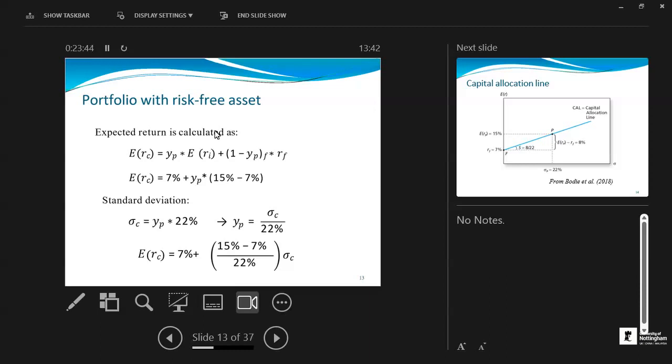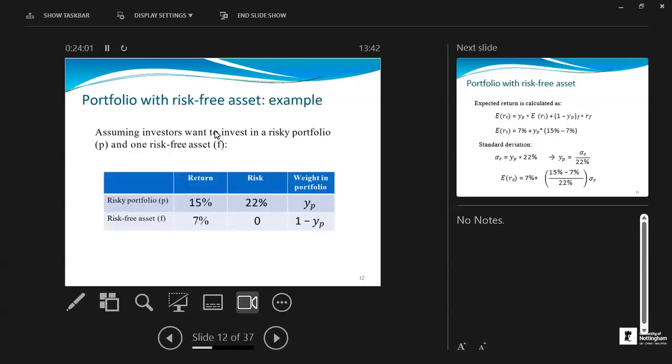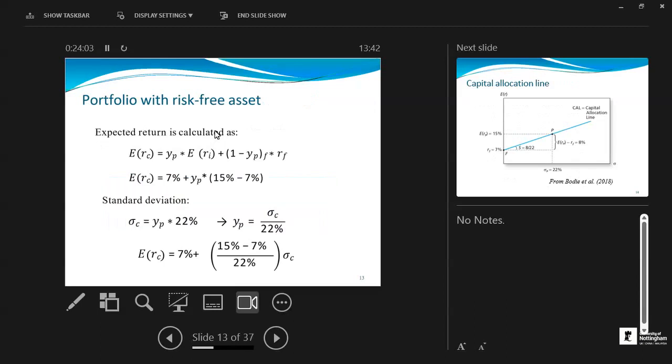The difference between the two is the excess return because you have invested in a risky portfolio. And we divide it by the risk of the risky portfolio, which in our example is 22%. This term in the bracket is what we call the Sharpe ratio.